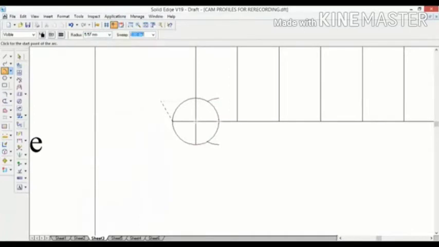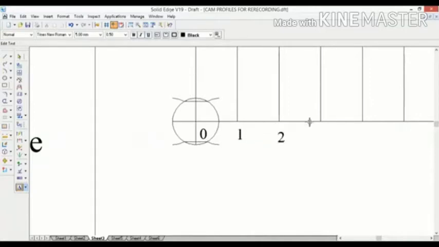Take radius 5.57 and cut an arc. Cut one more arc to the circle and join these intersections. Let us call this intersection 0, and the divisions 1, 2, 3, 4, 5 and 6.